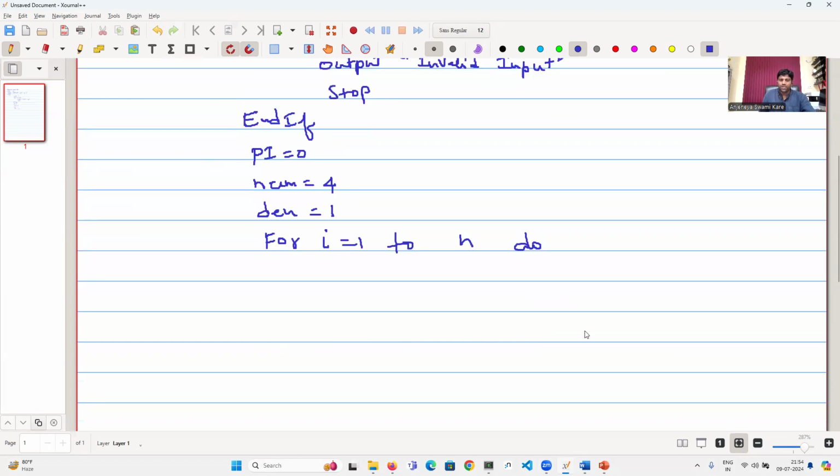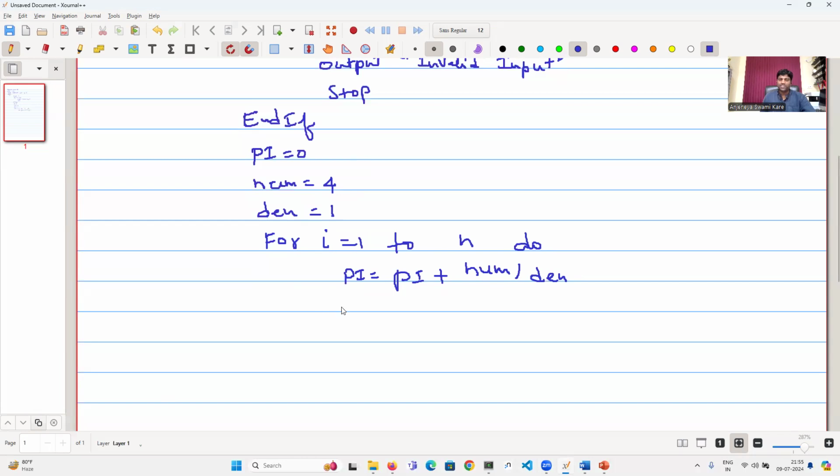How are we going to update the pi value? Pi equals pi plus numerator by denominator. Initially the numerator is 4 and the denominator is 1, so after the first iteration the pi value will be 0 plus 4, which is 4.